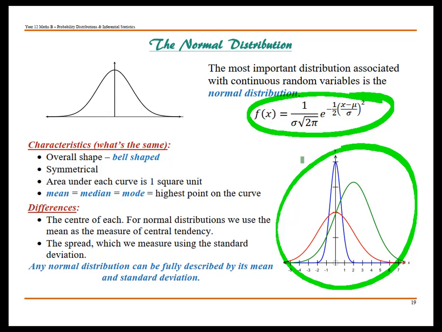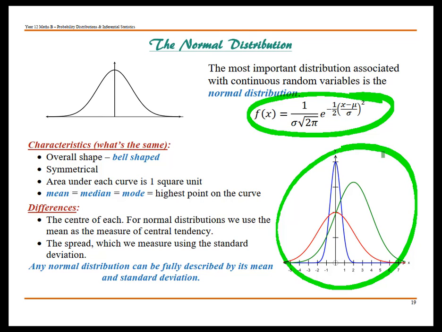Now, differences, the centre of each. For normal distributions, we use the mean as a measure of central tendency, but where the mean is depends on the normal distribution, unless we're looking at the standard normal distribution. The spread, which we measure using the standard deviation, is also different. So as you can look at these graphs on the right here, the mean for the green graph is higher than the mean for the red, but the mean for the red and blue graphs are the same.